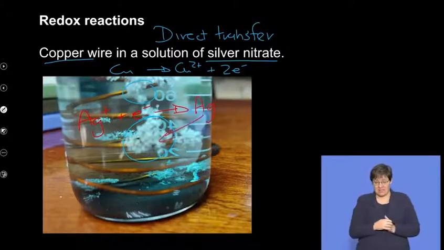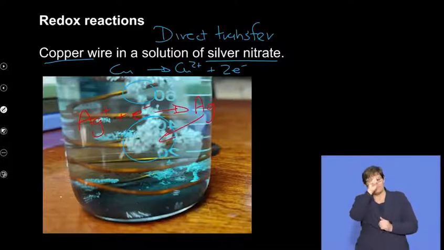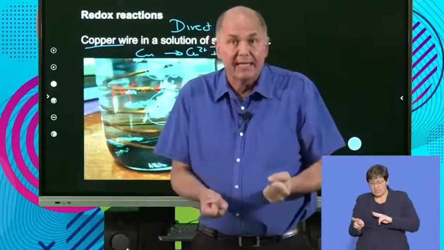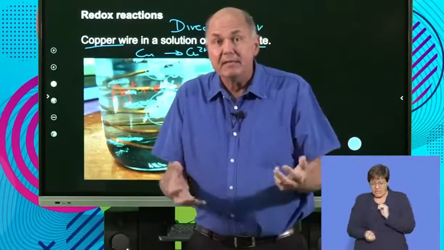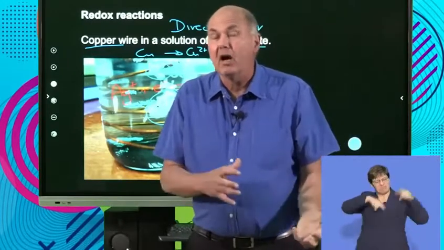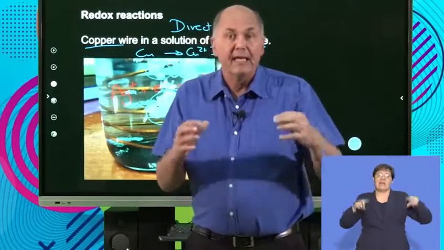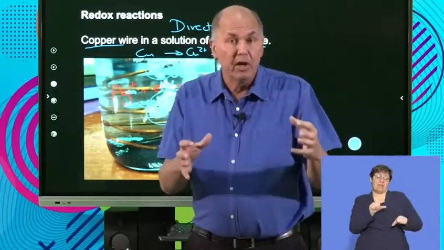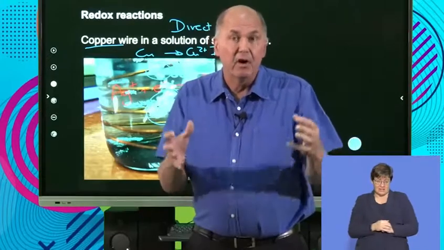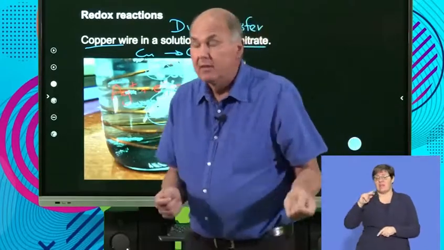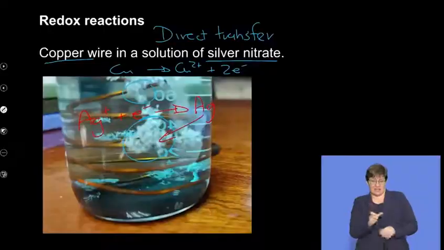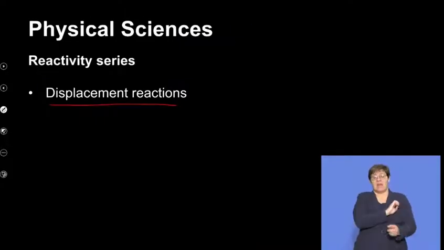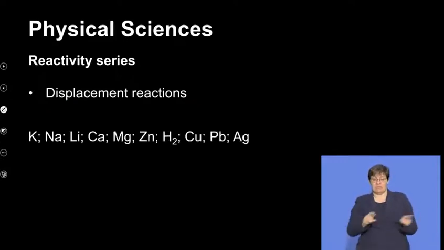So we can recognize there are a whole lot of these displacement reactions taking place, and that means that we should be able to get a whole lot of different electrochemical cells, which are also called galvanic cells, because they're producing electricity for us.